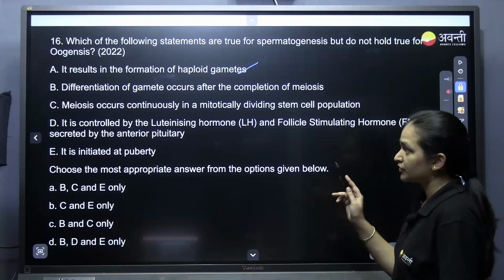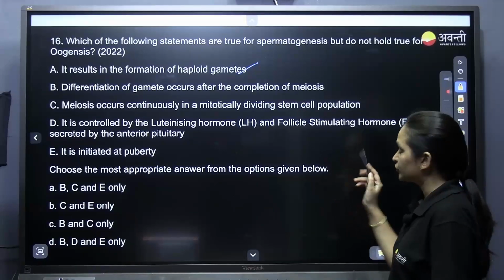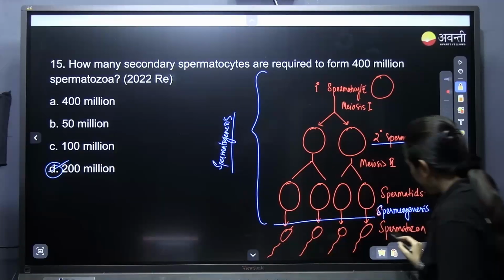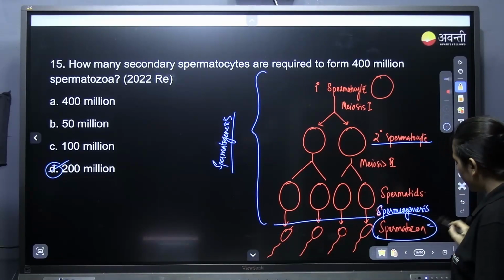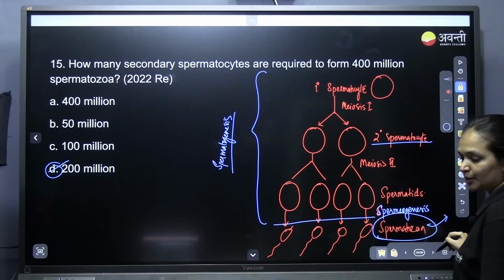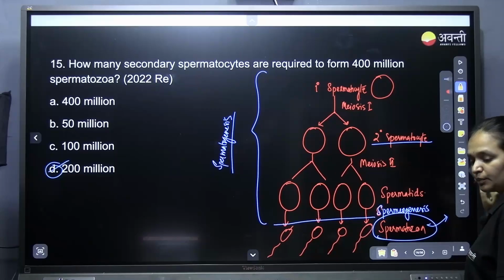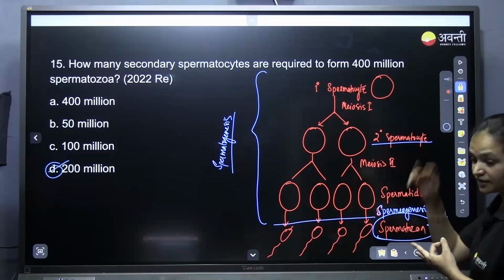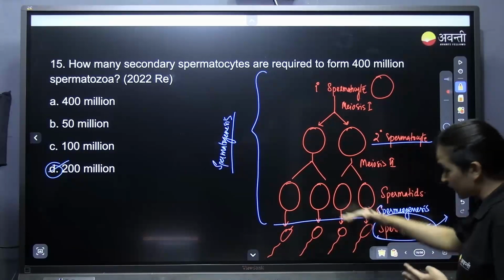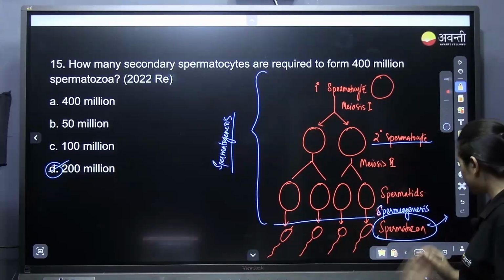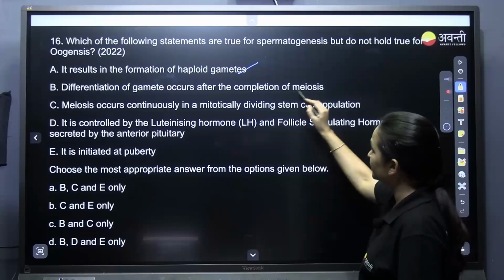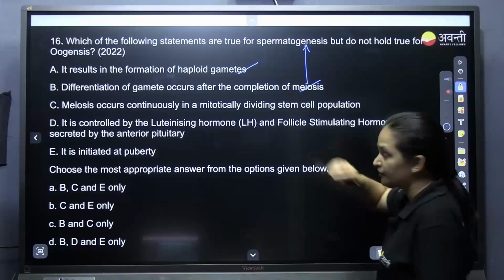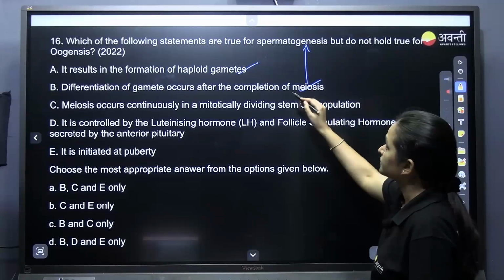After the complete meiosis, differentiation has taken place, so it becomes the spermatozoa, then goes into the lumen of the seminiferous tubule, maturation, storage, and capacitation in the female reproductive tract. Everything is happening after meiosis 2 only. So this statement is true for spermatogenesis, but is it true for oogenesis? No, this is not true for oogenesis.